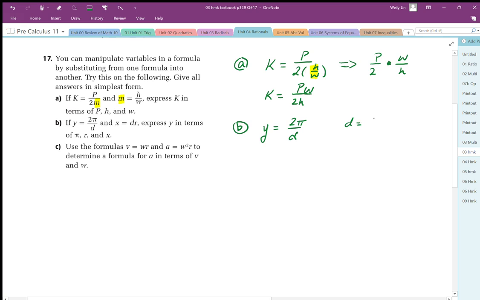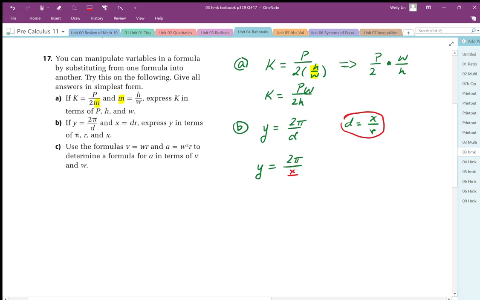So I get d is equal to, I'm going to divide both sides by r, and I get x over r, and then I'm going to substitute 2 pi over d, and d is going to be replaced by this expression here, x over r.